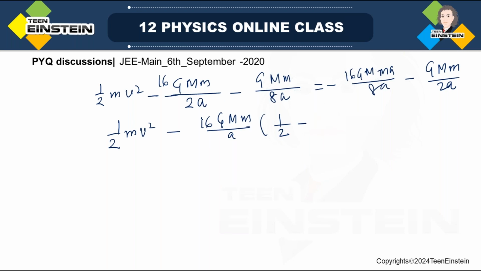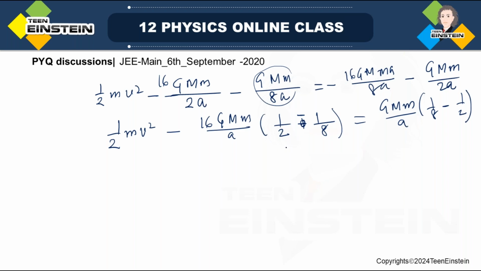If I take this to the other side, GMm by A times 1 over 8 minus 1 over 2, so there will be a minus sign over here if I take this common. Let me calculate this part: 4 minus 1, so 3 by 8.